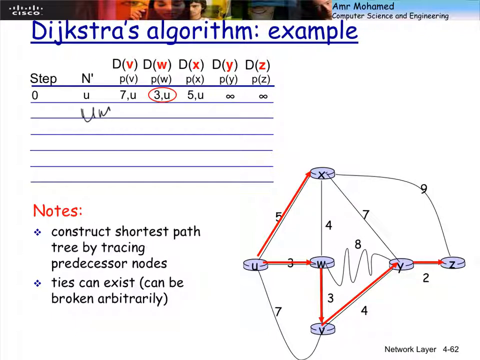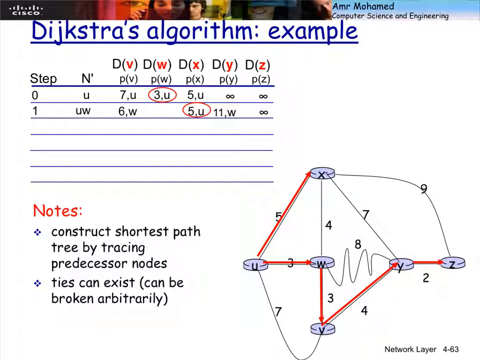Okay, so the new cost will be better. So this is the new cost. So now we can add W, and the nodes that are adjacent to either U or W might change dV for this node.